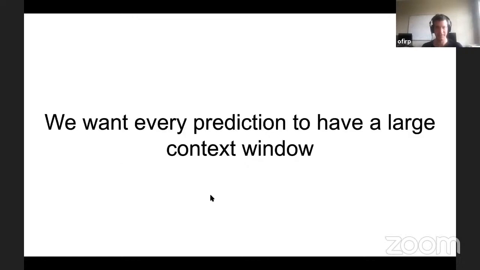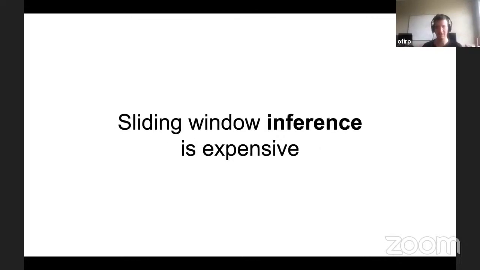So we're kind of going back now to part one, where our big summary was that we want every prediction to have as much context as possible. And what we saw in part one was that sliding window can do this, and it works great. But what I didn't really mention in part one is that sliding window inference is very, very expensive, right?